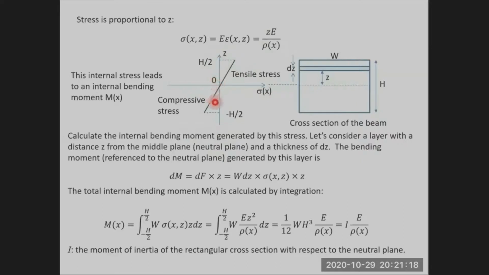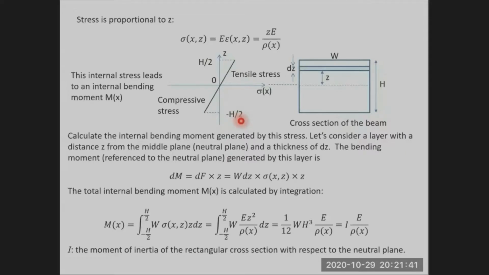The horizontal axis is the stress, sigma. The vertical axis is the thickness or the distance to the neutral plane, corresponding to the thickness of the cantilever beam. The total thickness is h. So z of the top surface is h over 2, and the bottom surface is negative h over 2.